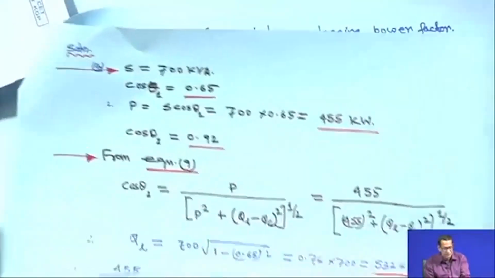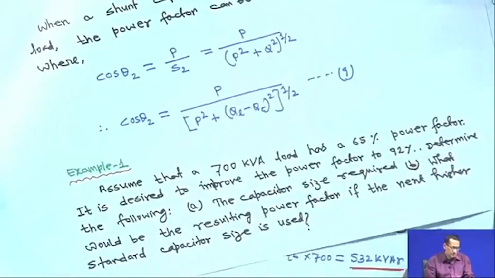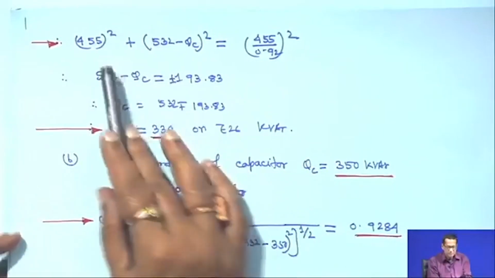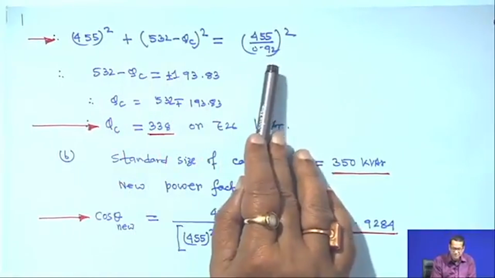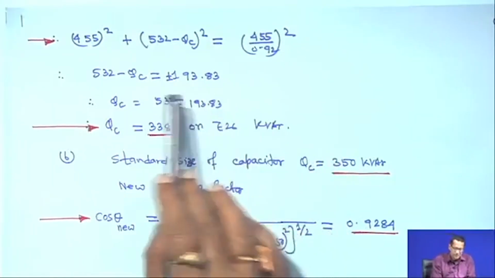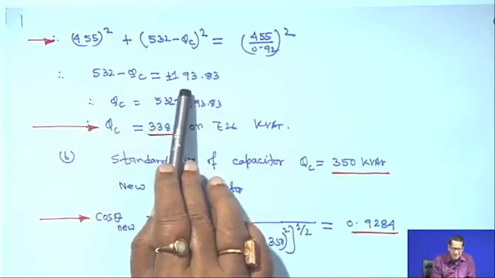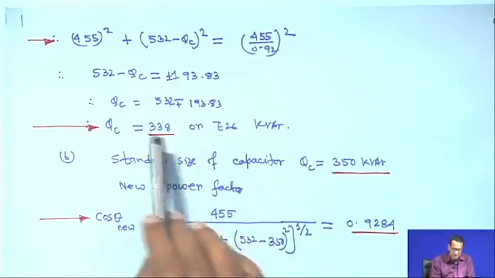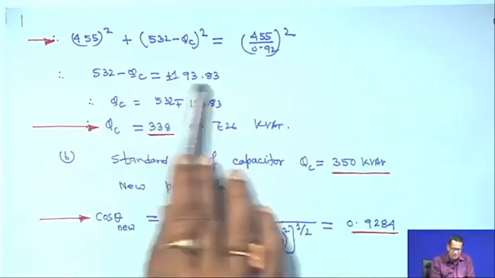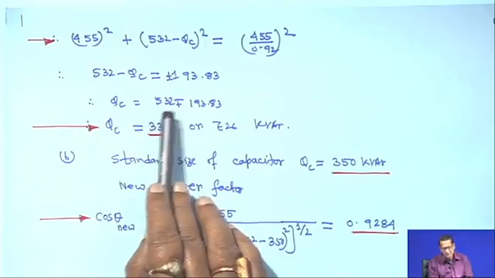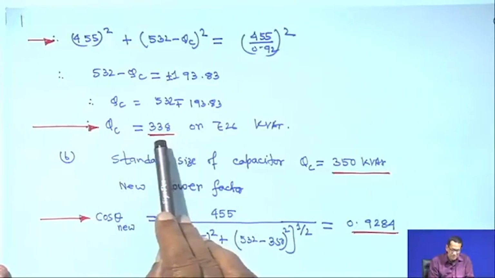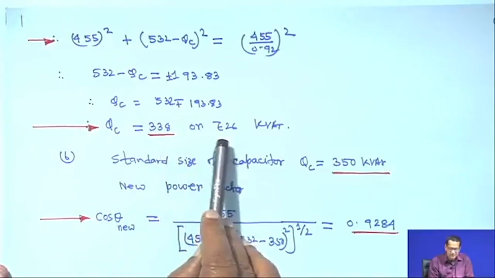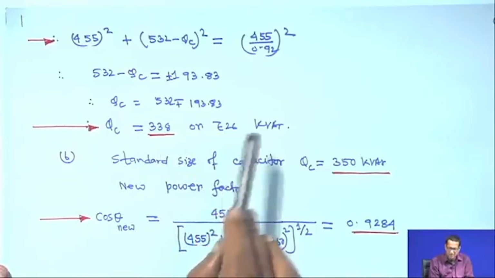Squaring both sides, 455 squared plus (532 minus QC) squared is equal to (455 upon 0.92) whole squared. So, you get 532 minus QC equal to plus or minus 193.83. So, QC will be 532 minus or plus 193.83, giving two values: QC will be 338 or QC will be 726 kVAr.